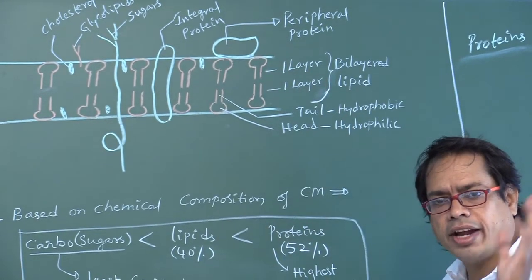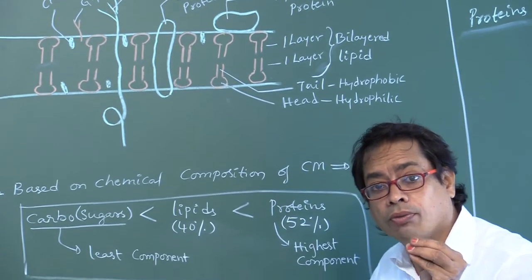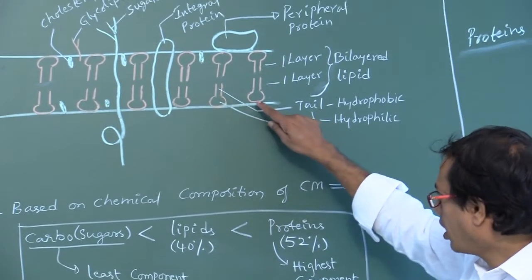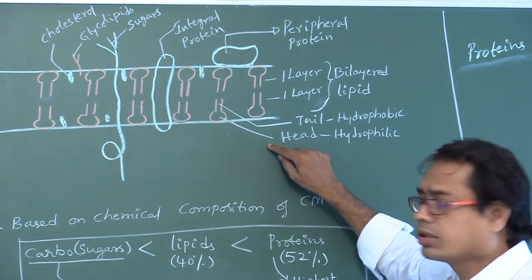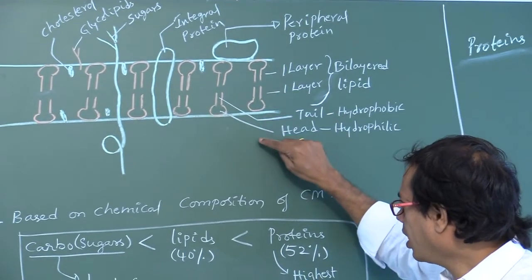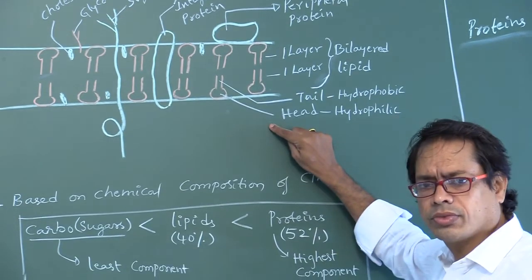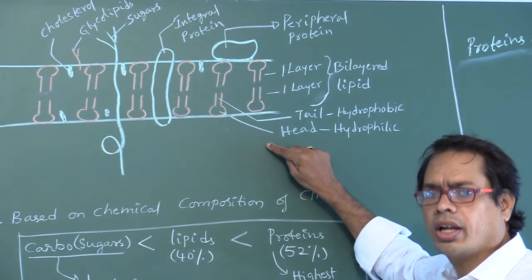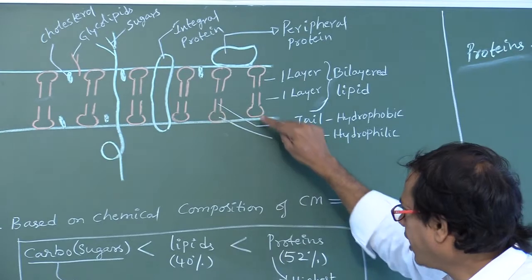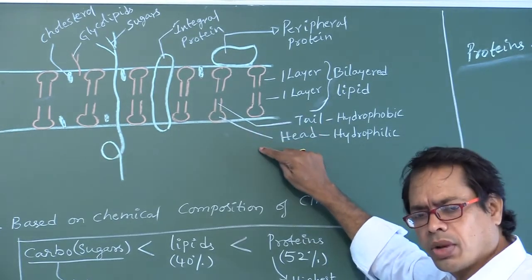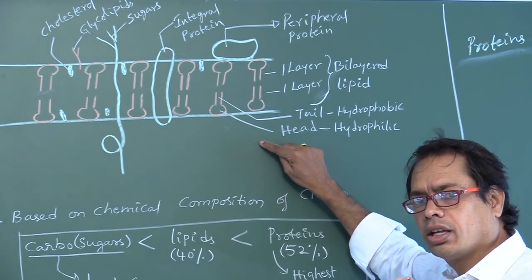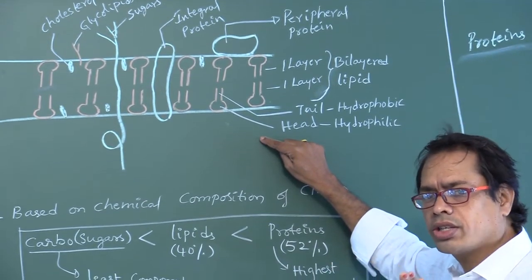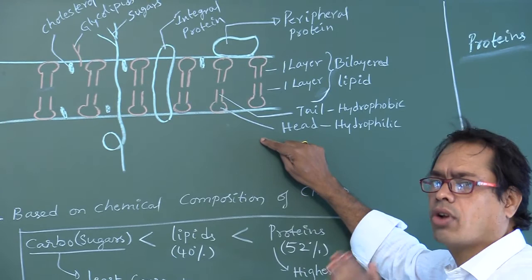Which is hydrophilic and which is hydrophobic? The head is present towards the outer side; let us suppose this is the cytoplasm. Cytoplasm means water content is present. As the head is present towards the cytoplasm, it will not be damaged by the aqueous environment.